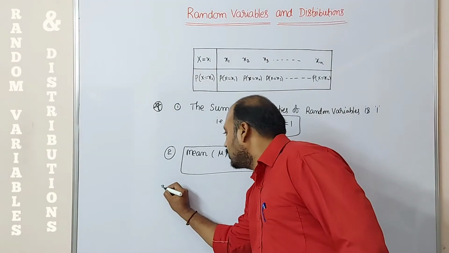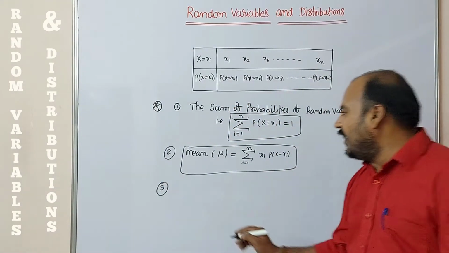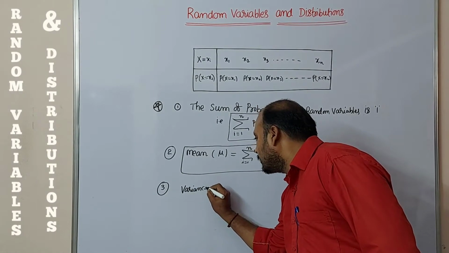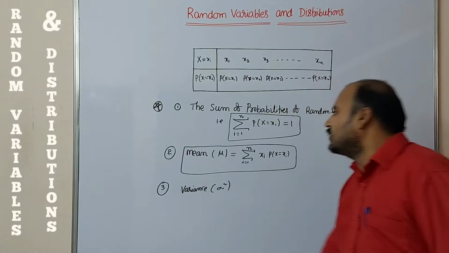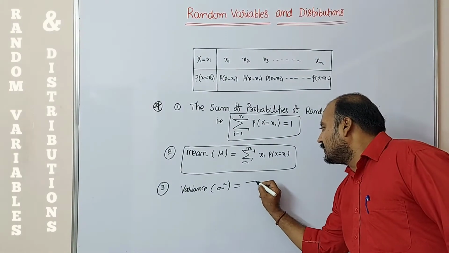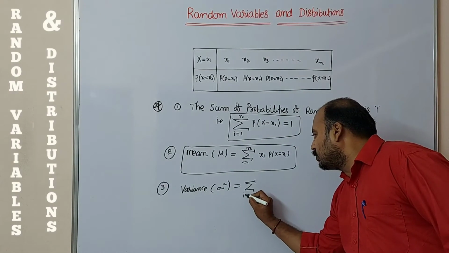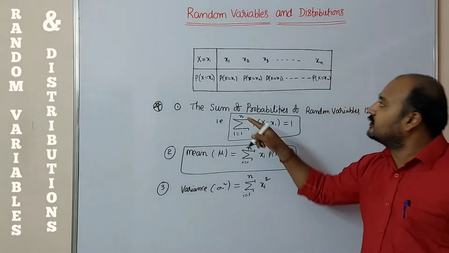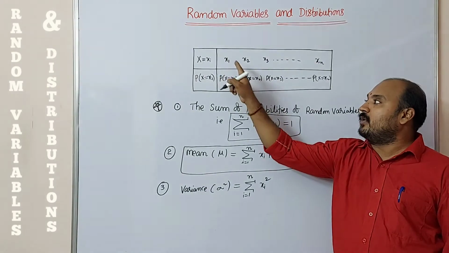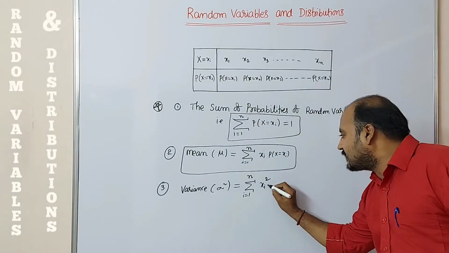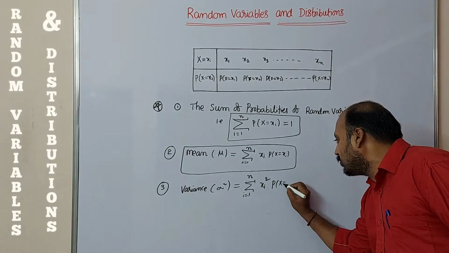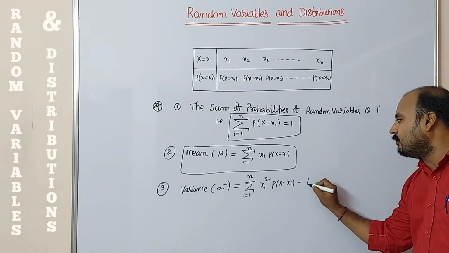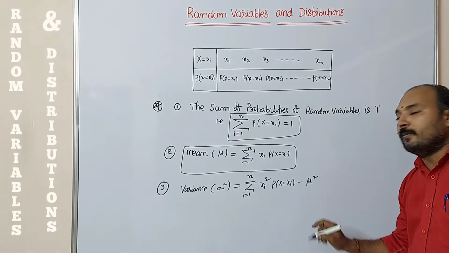And the last important point, variance of the random variable. Variance is denoted by sigma square. Summation i is equal to 1 to n, xi square, the square of the random variable, into the probability, xi square into P of x is equal to xi, minus mu square, the mean square.